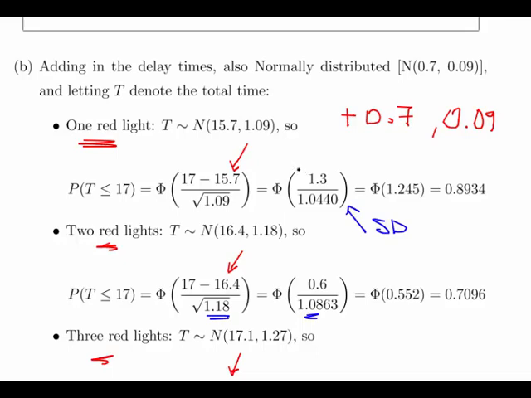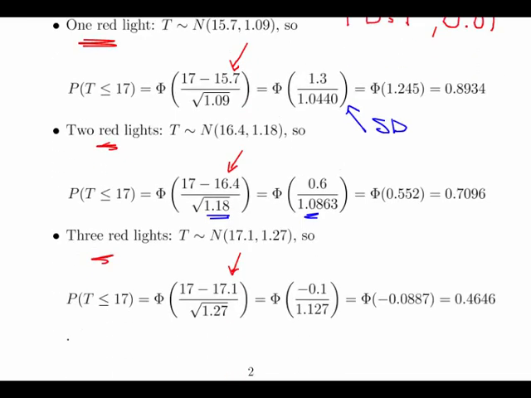deviations. Okay, so essentially what we have here is 3 phi functions, and these correspond to the 3 probabilities for the 3 scenarios. So the phi function of 1.245, the phi function of 0.552, and the phi function of minus 0.0887.